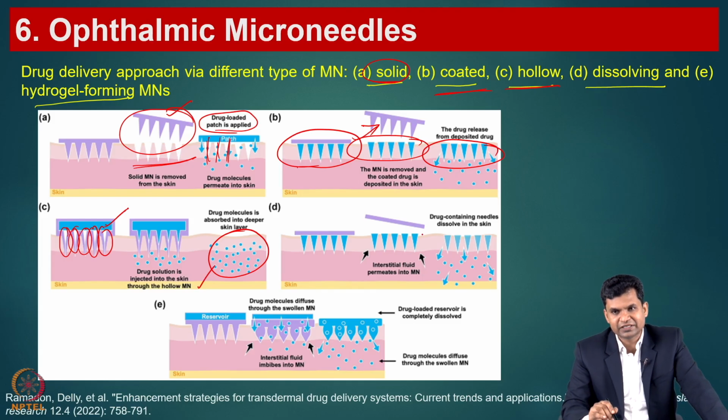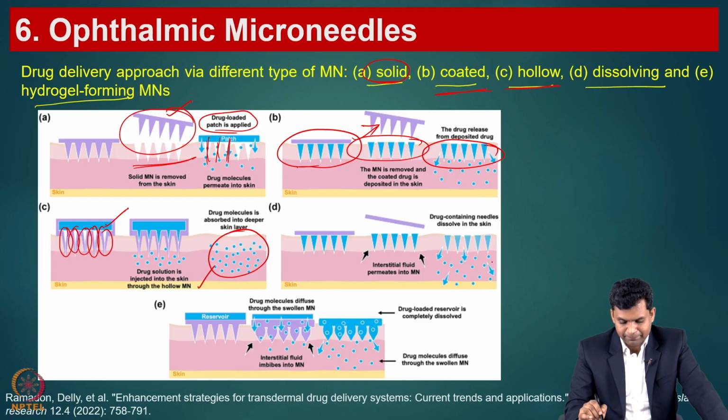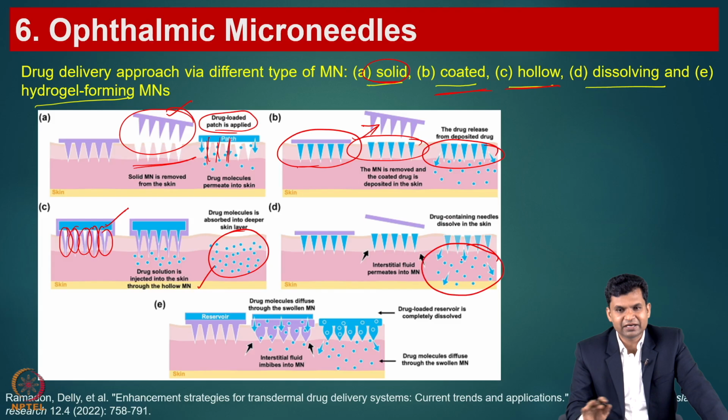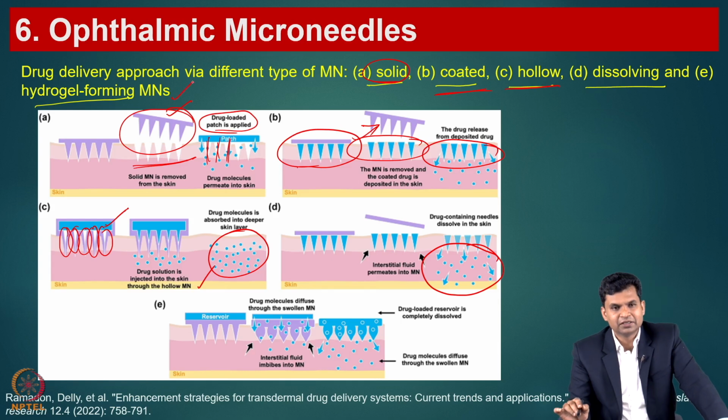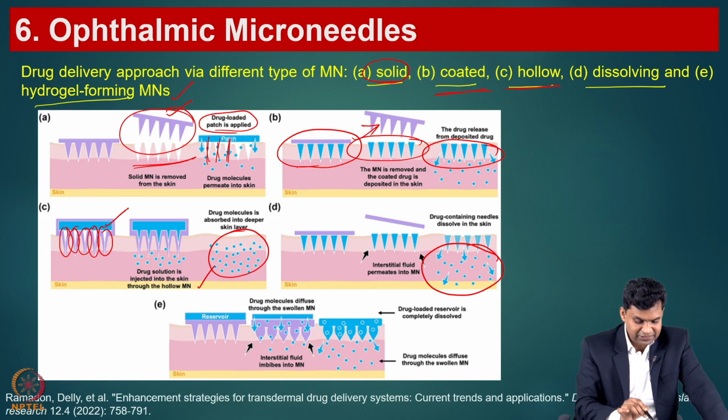And the fourth one is dissolving, that means it will completely dissolve or disintegrate within the targeted site. And the fifth one is a very advanced one, the hydrogel forming microneedles. Now, you can see here is the reservoir where the drug is loaded. See how it is working.